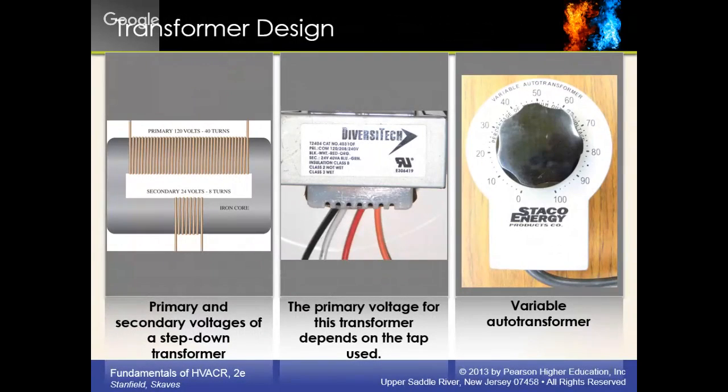Let me check my notes here. Are you guys feeling pretty confident about a transformer? Talk about what they are and what they're used for. What are transformers rated in? Volt amps. Yes, sir. That's exactly right. Volt amps.